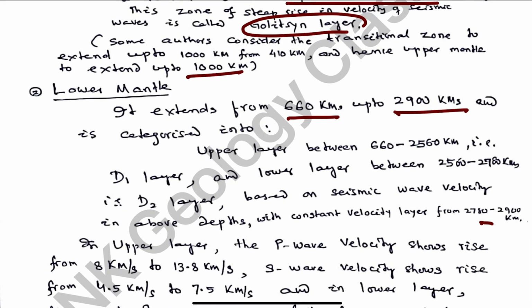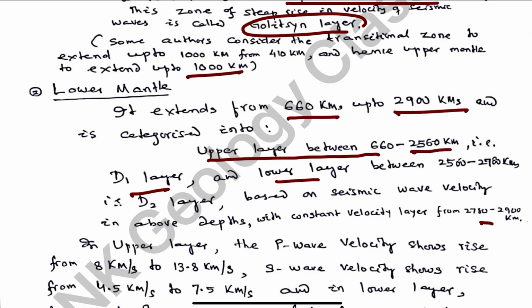This lower mantle is divided into two layers, D1 layer and D2 layer. The D1 layer is the upper layer which goes from 660 kilometers to 2560 kilometers. This is solid, and there is a gradual rise of seismic velocity in this zone.